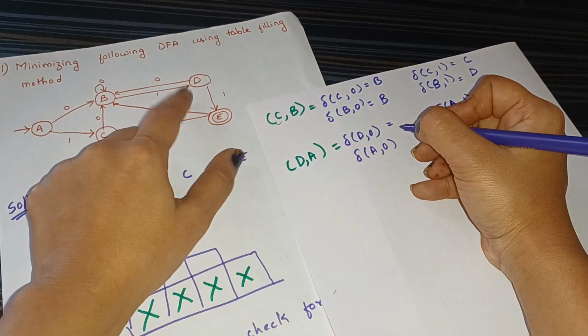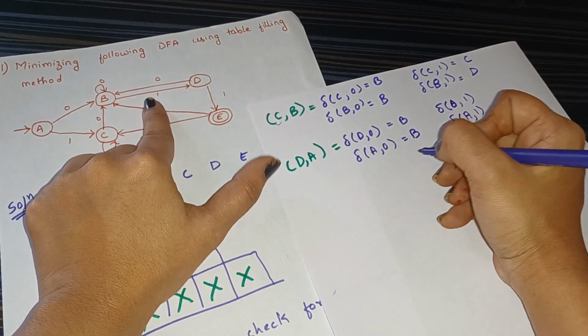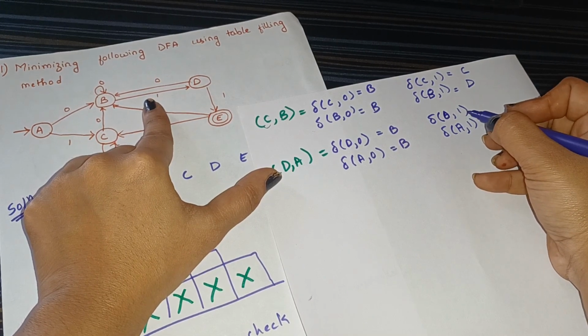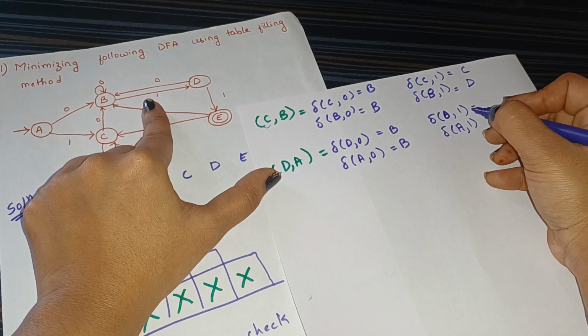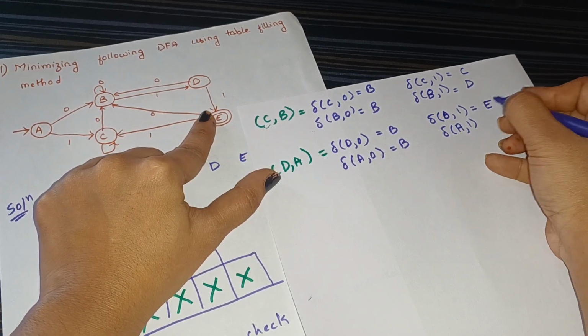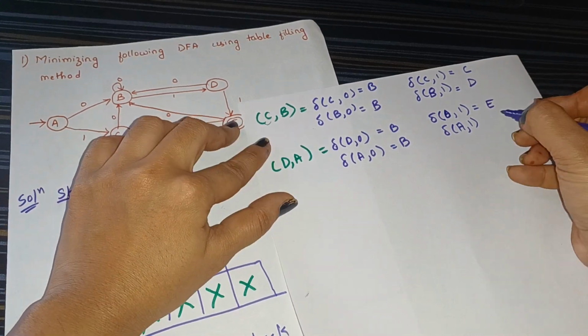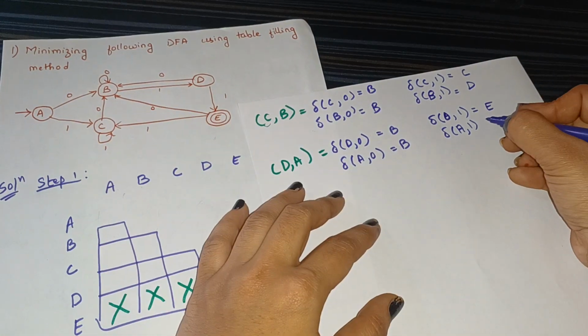So here D on 0, where is it going? It is going to B. A on 0, it is going to B. And delta transition of D on 1, it is going to E. And delta transition of A on 1, it is going to C.